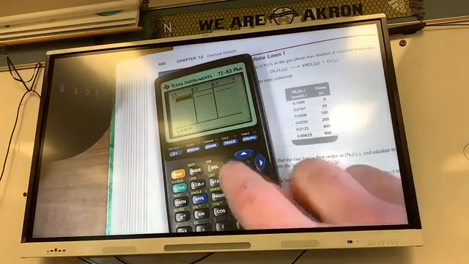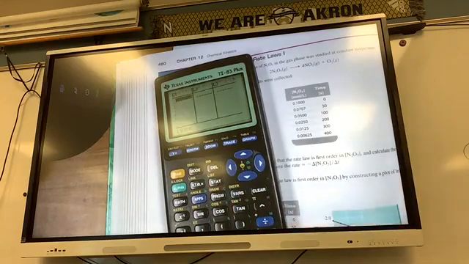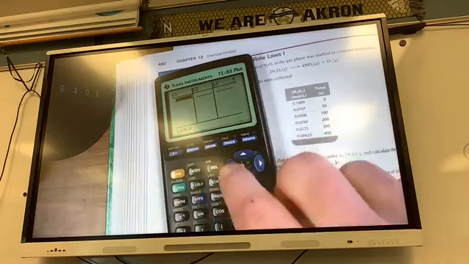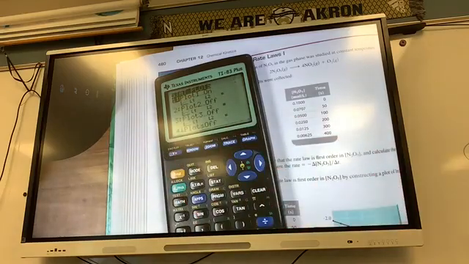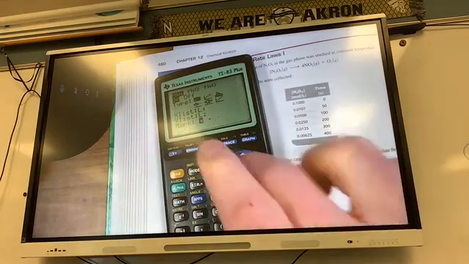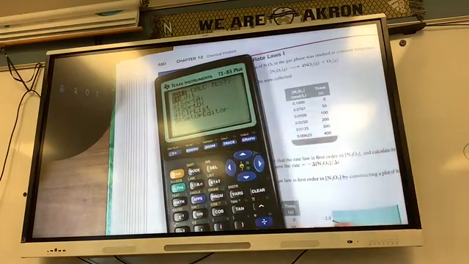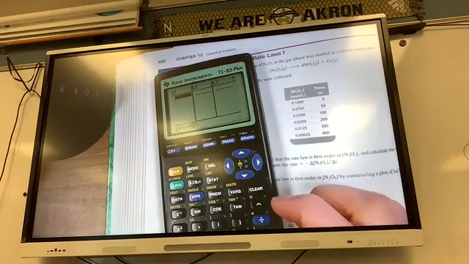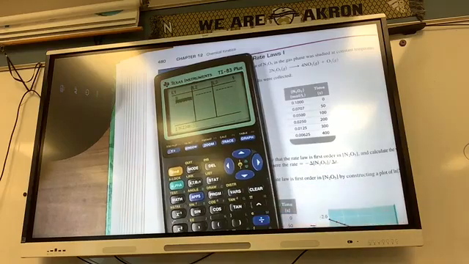So, remember, my stat, we make sure we type this in right. L1 was my X. So for L1, I'm going to type in 0, because that's my time. 50, 100, 200, 300.